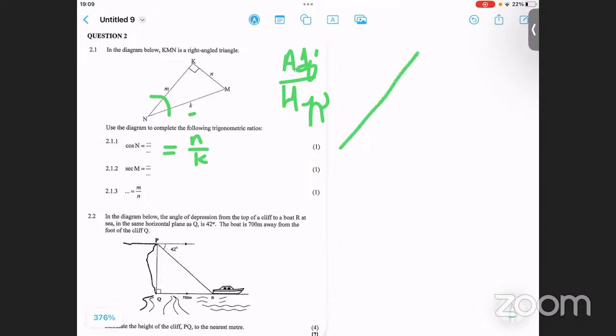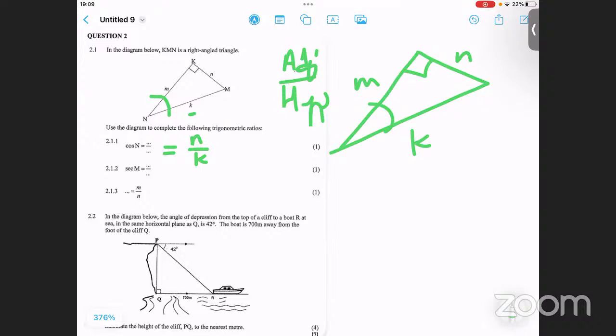If we have a right angled triangle like that, and we've got our angle there, and then we have M, N, and then K there, which side is our adjacent? Is it K? Is it N? Is it M?